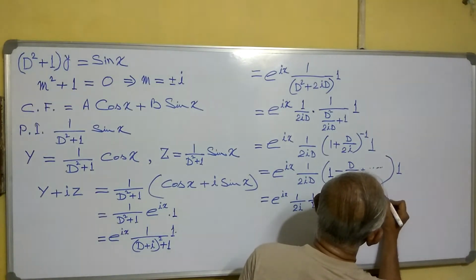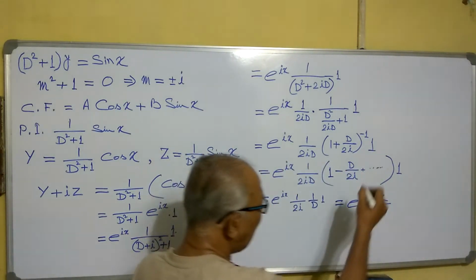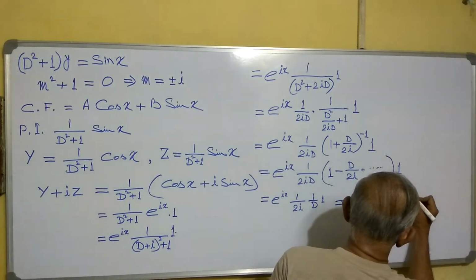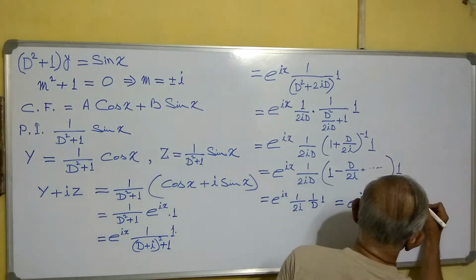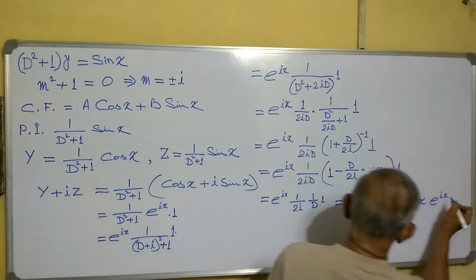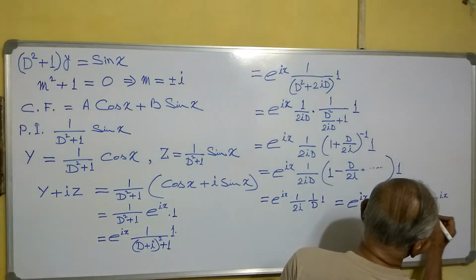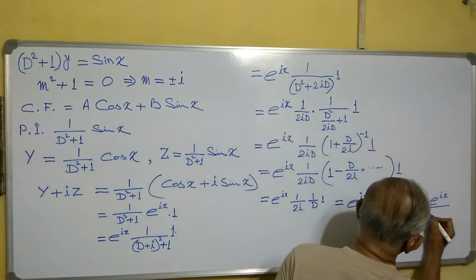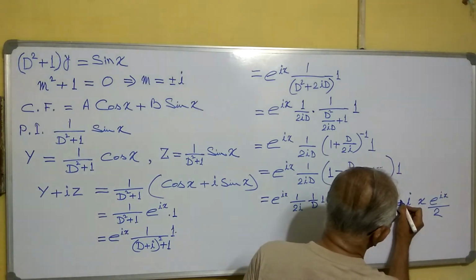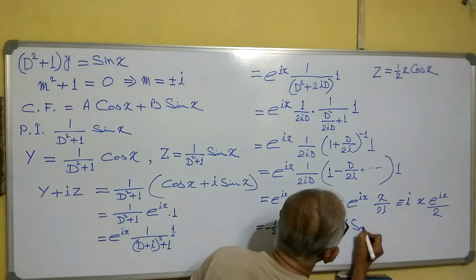into x by 2i, multiplying by i, it will be i x e to the power ix. Here i square is minus 1, so by 2, and there will be a minus, I am putting the minus here, cos x plus i sin x.